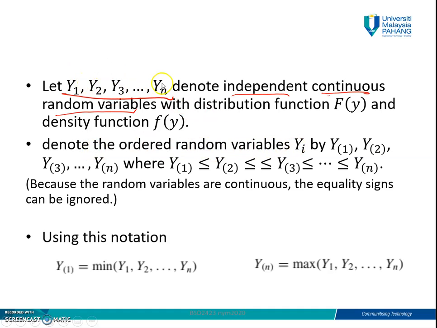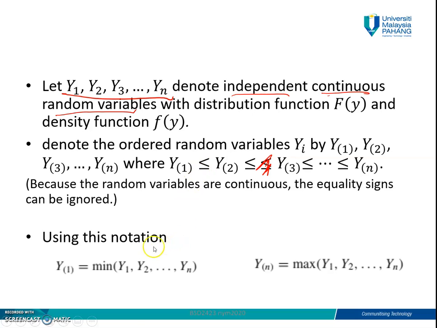From y1 until yn, the ordered random variables become y subscript bracket 1, 2, 3, and so on. So we differentiate the random variable and the ordered random variable by the bracket. The y(1) should be less than y(2), y(2) less than y(3), and so on until y(n). Because the random variables are continuous, the equality signs can be ignored.